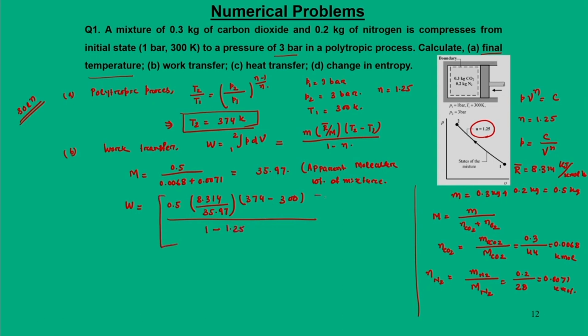When we evaluate this number, we get W is equal to minus 34.2 kilojoule. The negative sign implies that it is a compression work.